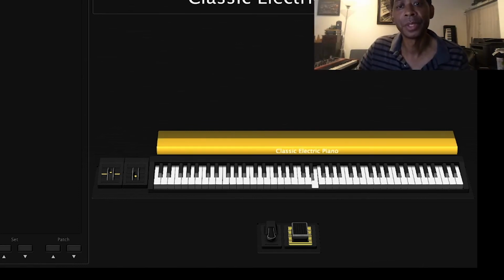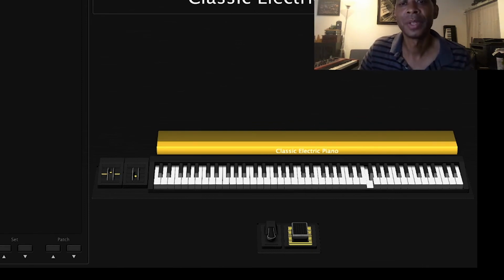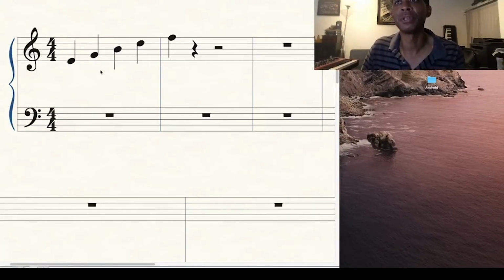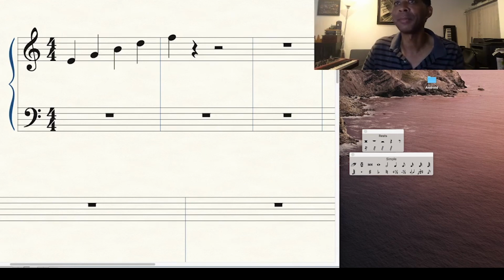E, G, there's a white key in between. B, there's a white key in between G and B. And then next is D, and then F. Awesome. So that's another way to help you remember, and then we'll come over here and do exactly what we did last time. We will write down the note names so that you can see them.